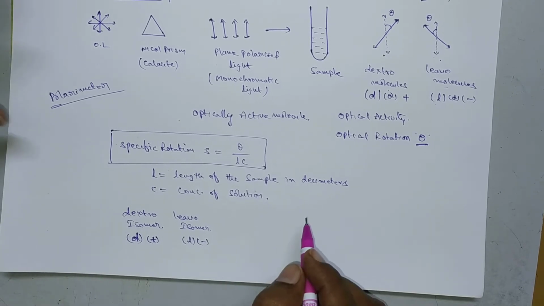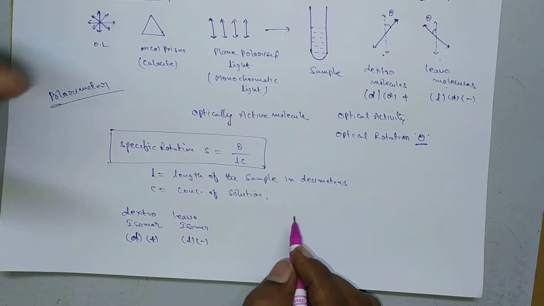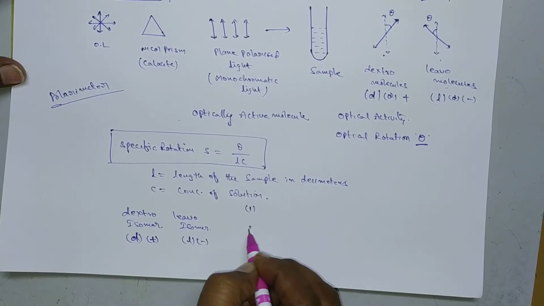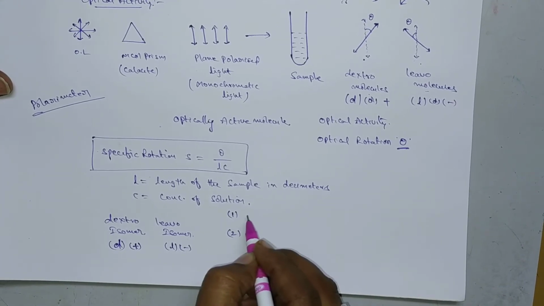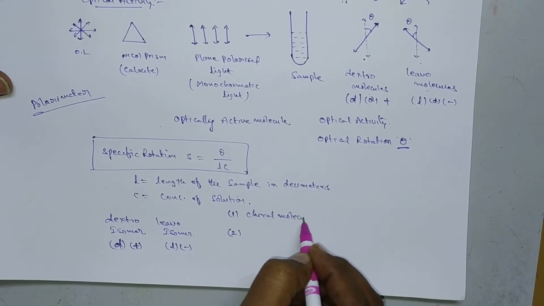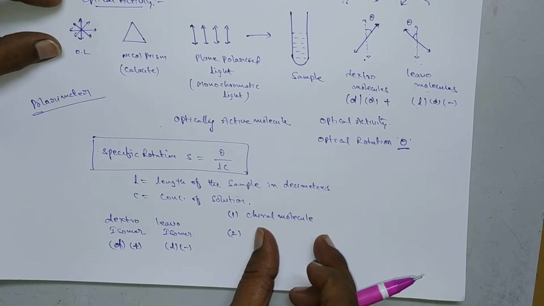Now, what are the conditions to exhibit optical isomerism? For any molecule, what are the necessary and sufficient conditions to exhibit optical isomerism? There are two conditions. The first one is the molecule should be a chiral molecule. If the molecule is chiral, then only it will exhibit optical isomerism.